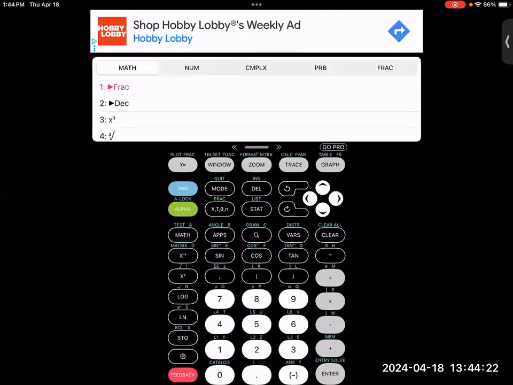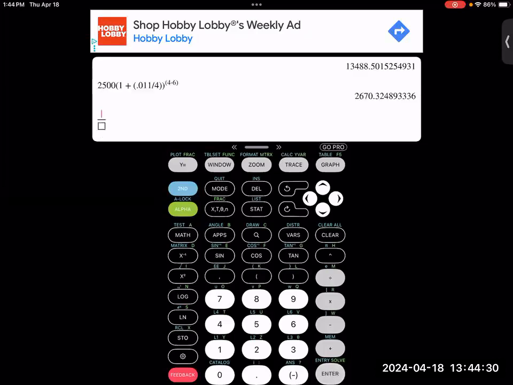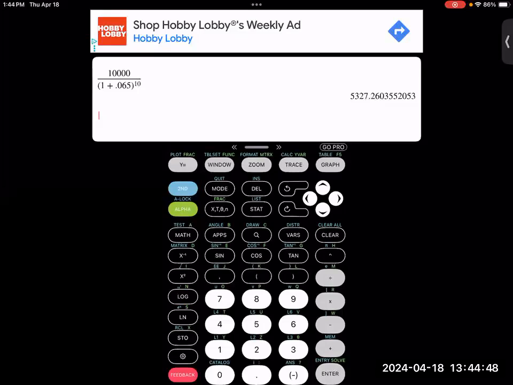So hit math, which is located right below the green button. Go over to frac, which stands for fraction, and click on it, and then you have your fraction button. So we're having 10,000 above, still using parentheses, 1 plus 0.065, or you can add them together, raised to the 10. Go ahead and hit enter, and we should come out with this response.